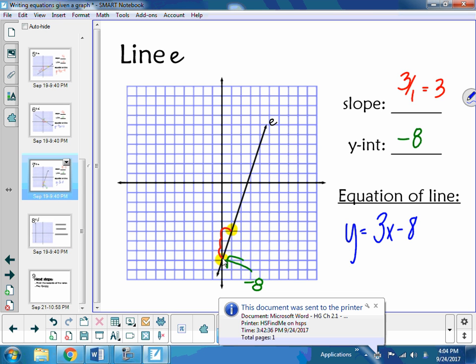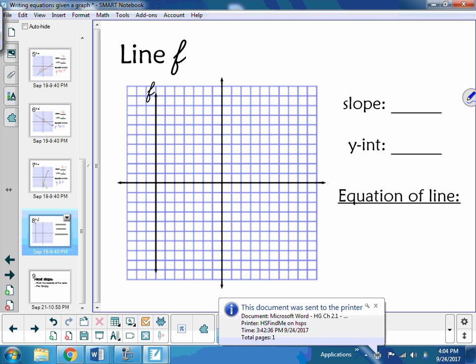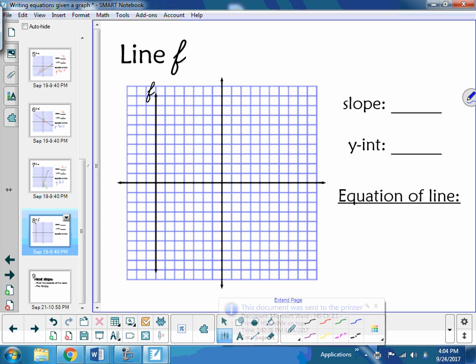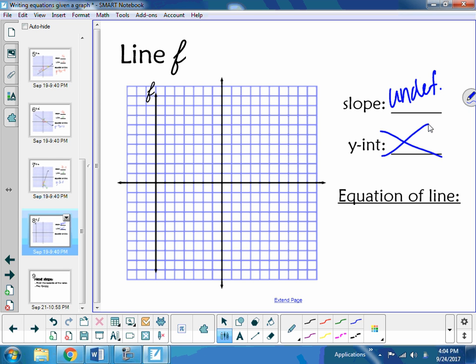Okay, last one. All right, so this is our vertical line, right? Do we have a y-intercept? We don't, right? This doesn't exist. What kind of slope is that? Since we have a vertical line, remember that's free falling. There are no slopes, it is undefined. There's an undefined slope.